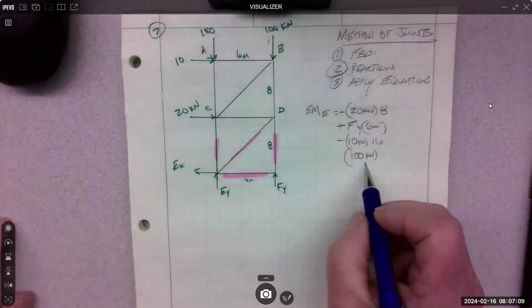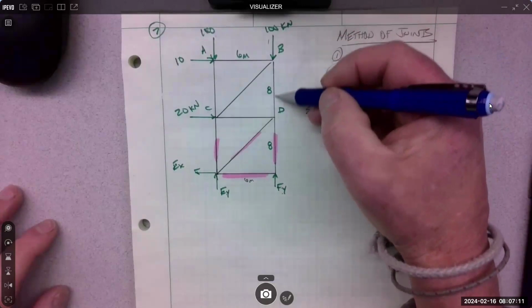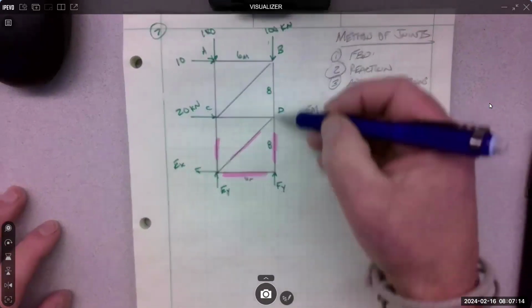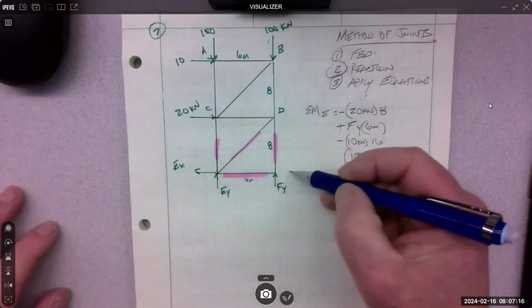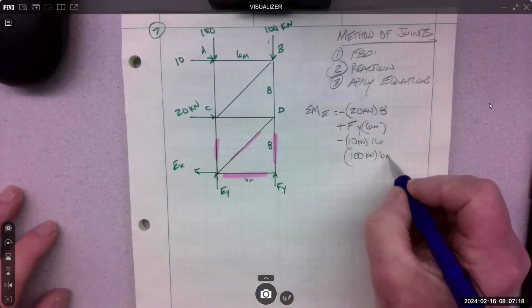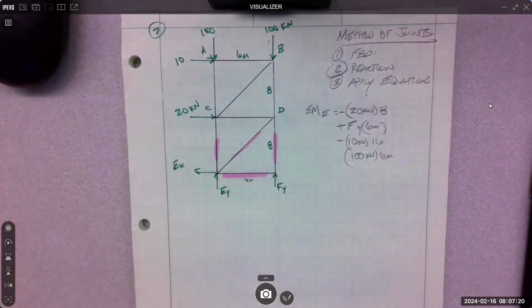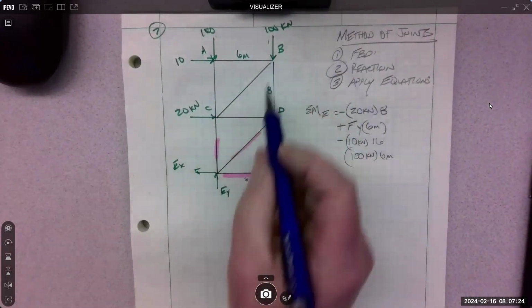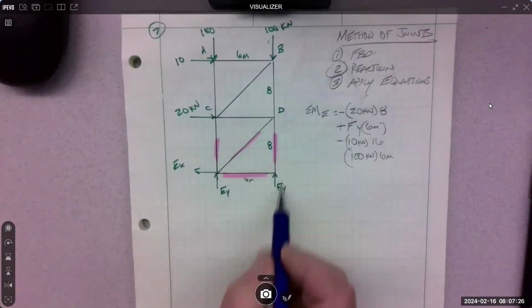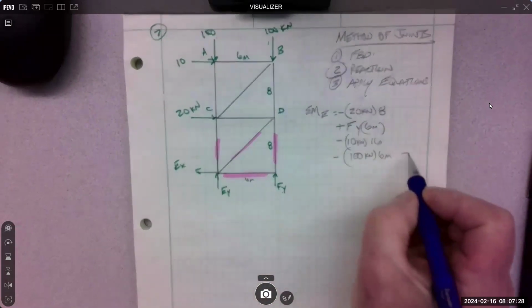So we need this 100 times its distance. What's its distance? Line of action is here. Distance is here, 6. Yeah, agreed. And then the rotation of this about this point, negative. All that's equal to 0.